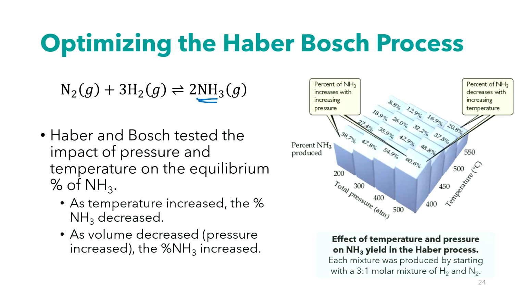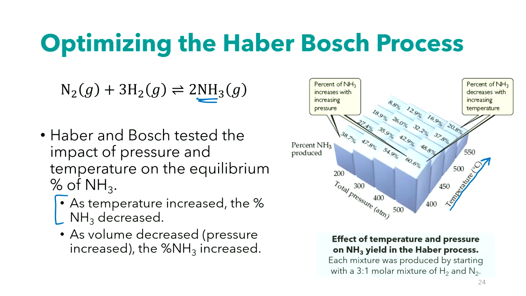How did they figure this out? They wanted to favor NH3. If you've been paying attention to the numbers, you might have noticed that our K is actually quite small for this reaction, so we needed to really tip the scales in our favor to make more NH3. So what did they do? As they increased temperature, on this axis here, the percent of NH3 decreased.